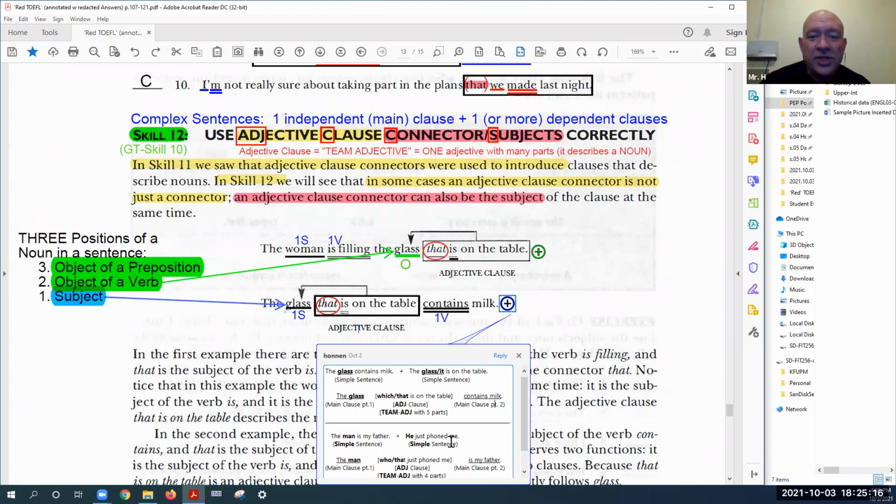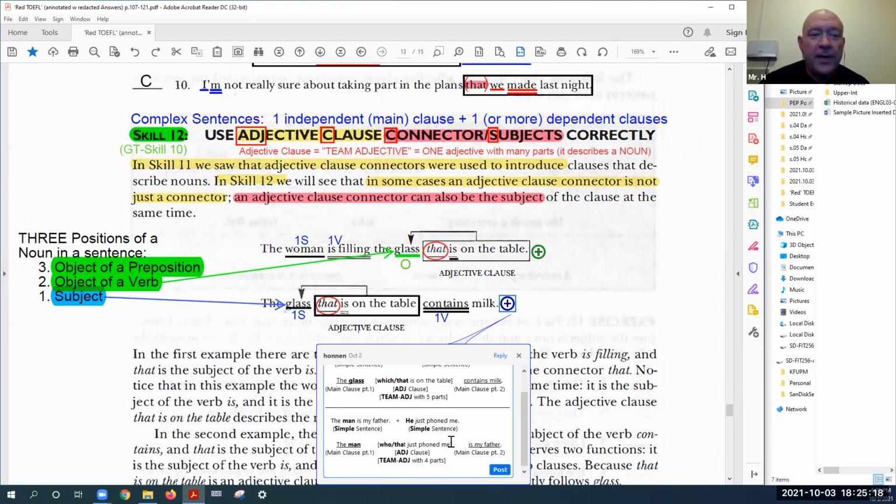Okay. There's another example here. Osama, can you read this one? The man is my father. He just found me. Good. What are we joining? Two simple sentences, right?